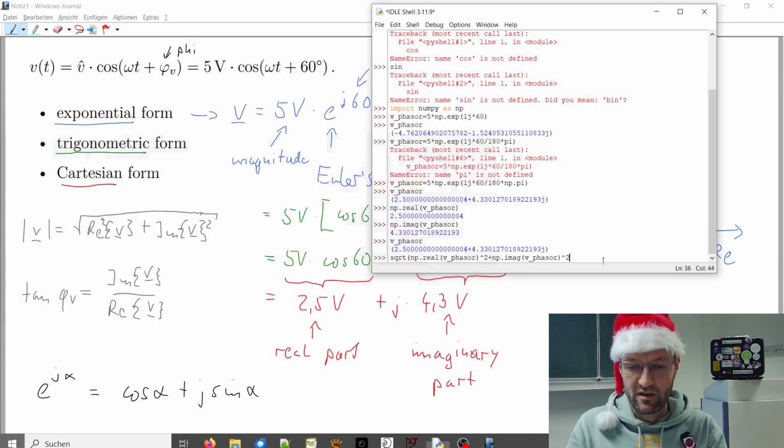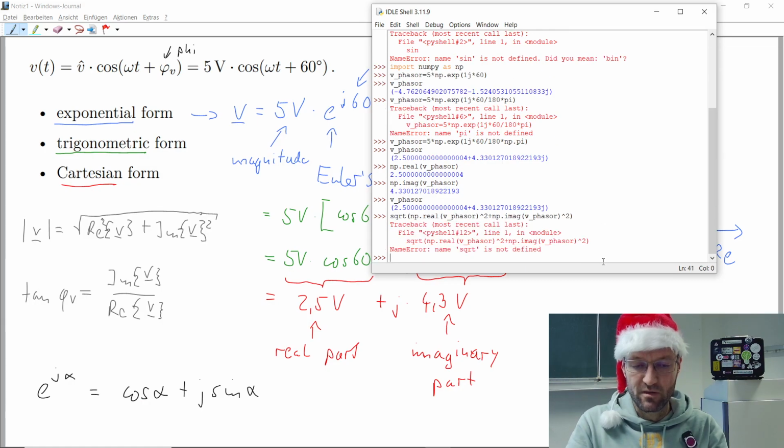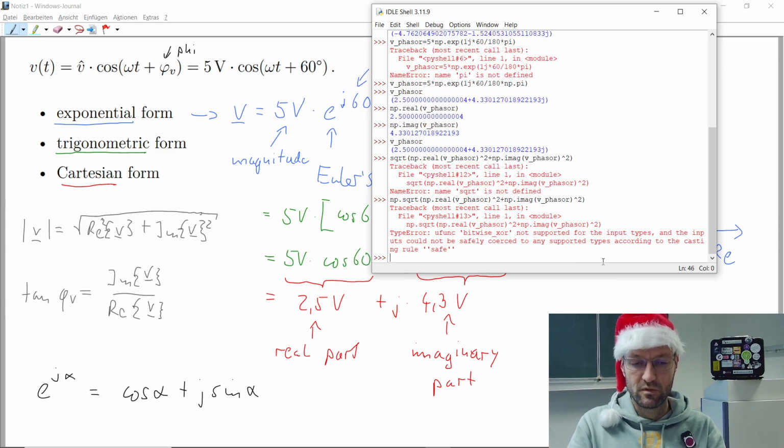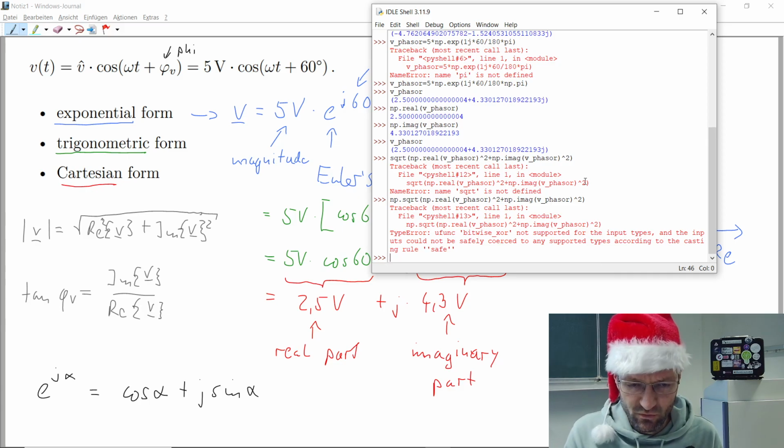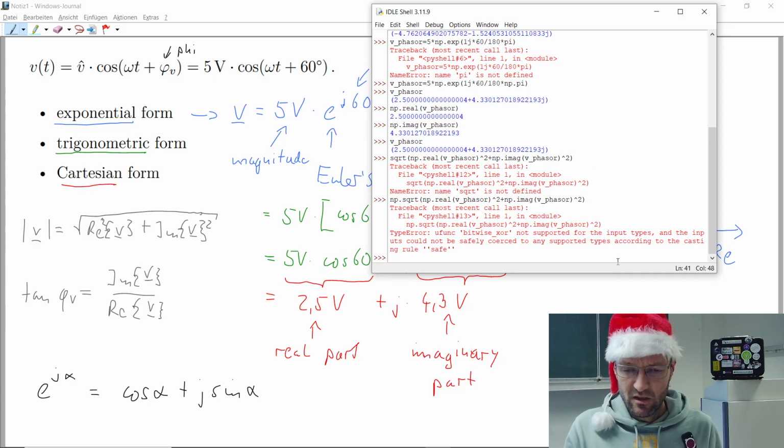Oops, I think there is no square root defined, so there might be an error message. Square root is not known, so I have to write np.sqrt, and then we will get the square root. Why does it not work? np.sqrt not supported for the input type.